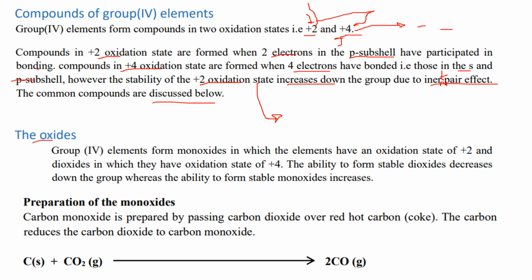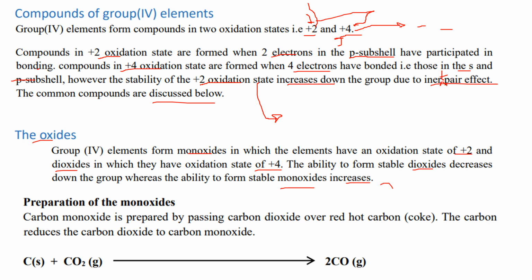So let's start with the oxides. Group 4 elements form monoxides, in which the elements have an oxidation state of +2, just like I recently explained, and dioxides, in which the oxidation state is +4. Here, the ability to form stable dioxides decreases down the group, whereas the ability to form stable monoxides increases down the group.